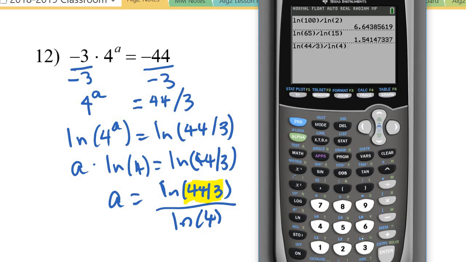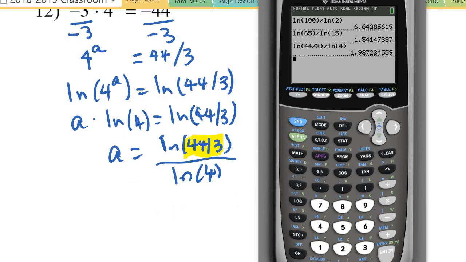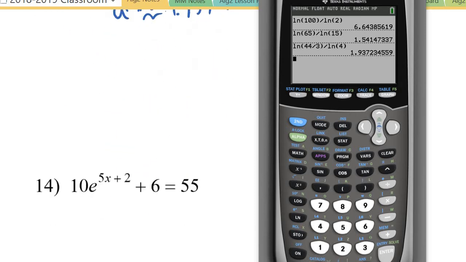That's it. And the approximate value is 1.9372. a is approximately equal to 1.9372.